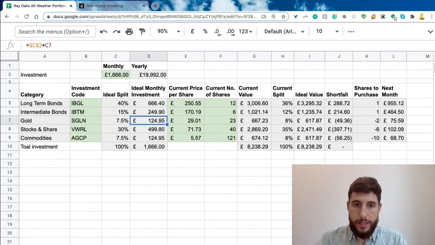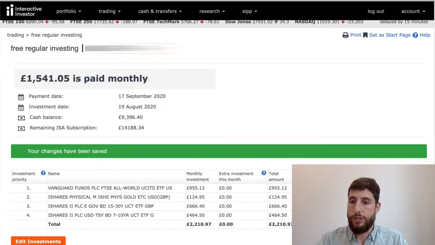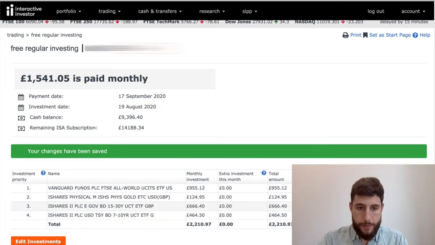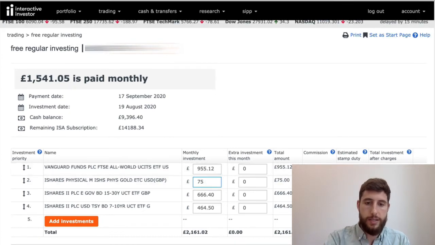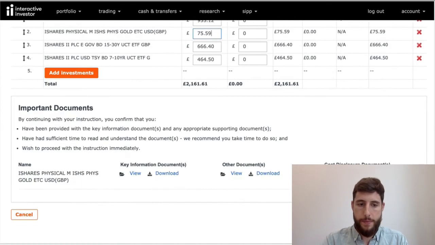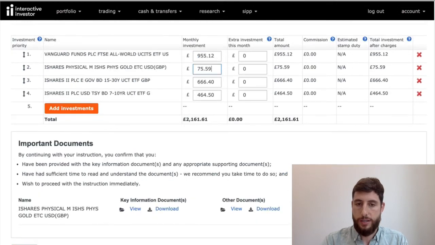Because what it's doing is taking the 124 we normally invest, removing the 49 shortfall, so we're actually reducing it to 75. Okay, so we can say edit, and then change that to £75.59. Okay, and then we can press save changes.